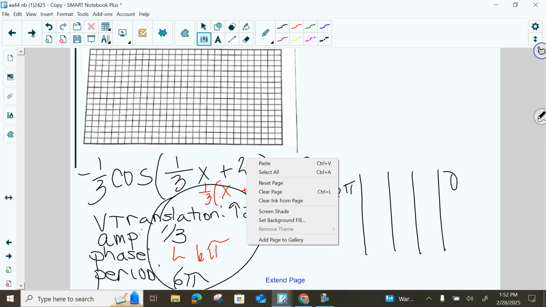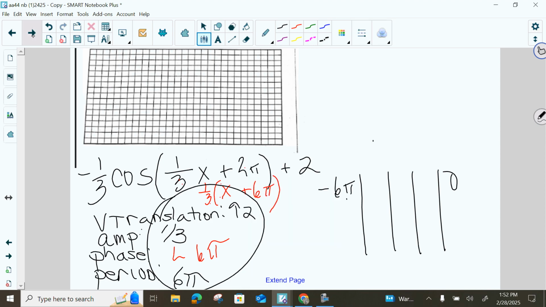So again, normally it starts at 0, but left 6 pi is telling me left 6 pi. Is the period 6 pi? It is, right? So that's how you can kind of check yourself. You look at the phase, you look at the period, you see if it matches.